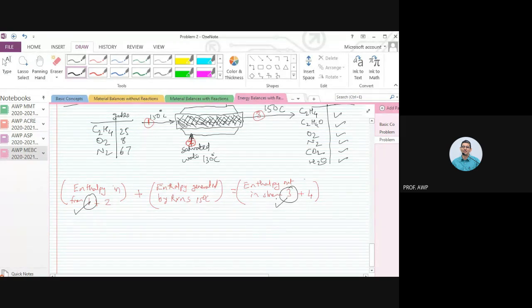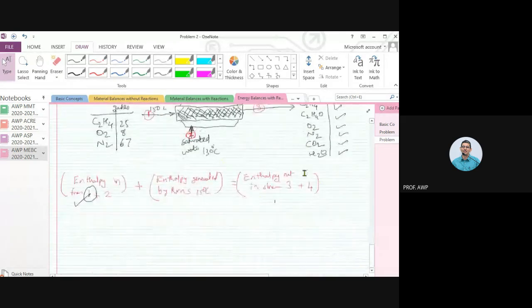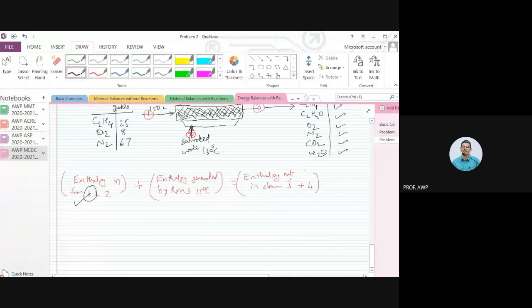Oh, sorry, we don't know. It is at 150 degrees centigrade. Earlier it was at T degrees centigrade, but it is very straightforward to evaluate the enthalpy of stream 3 at 150 degrees centigrade with respect to our reference. Stream number 2, this enthalpy you can take, it is saturated water at 130 degrees centigrade, so you take it from steam tables.